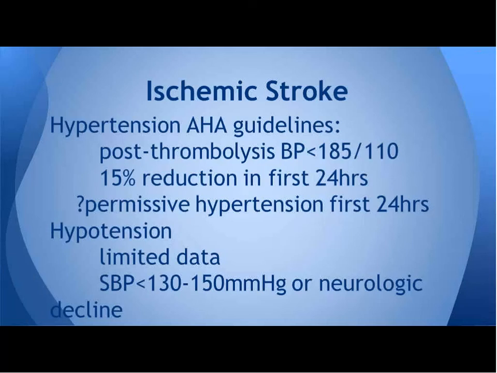Hypotension also has very limited data on exactly what we should do for these patients. We do know that systolics less than 130 do have worse outcomes, so the recommendation is to try to keep systolics greater than 130, and somewhere 130 to 150, even 180, is your goal.